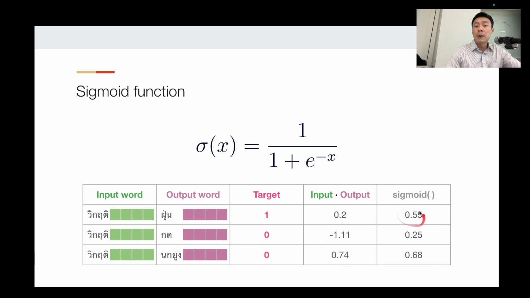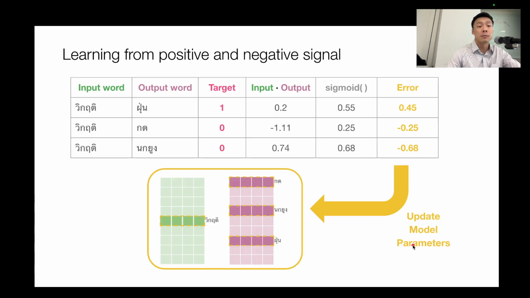So this here is the probability that we could co-occur with fun, that the model computes for you, and this is the probability that we could occur with God. We want this to be very low because it's a negative sample. Same with wicked and nocule. Most likely they don't really co-occur, so we want this probability to be very small as well. So we're going to make this kind of error.